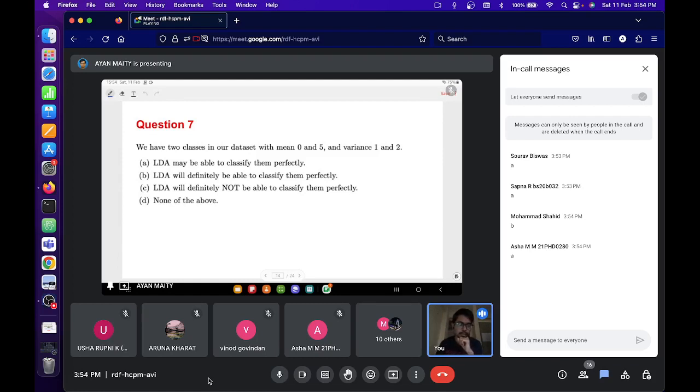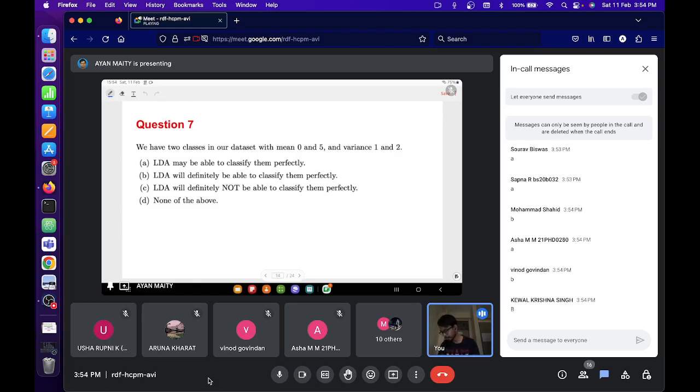I can see some answers in the chat already. Some of you have written A, some of you have written B. Saurabh, Swapna and Asha have written A. Muhammad Shahid has written B. So will it be may be able to classify, or will it be will definitely be able to classify? Vinod and Keval have written B, which is LDA will definitely be able to classify them perfectly.